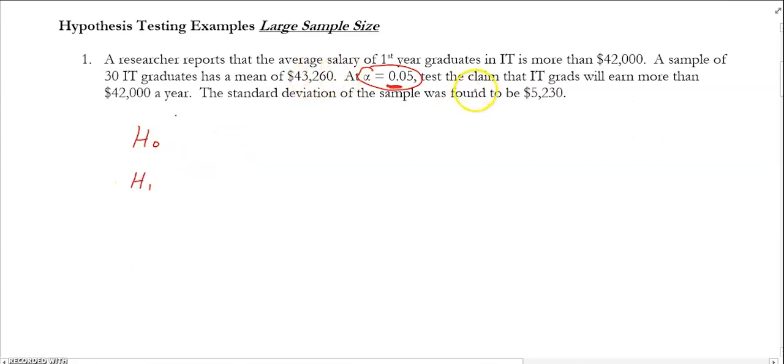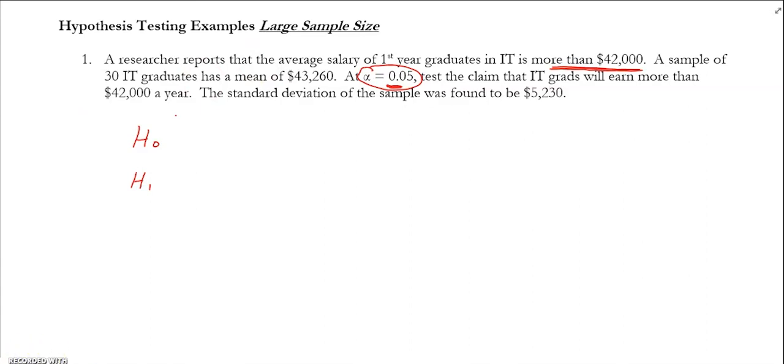Now, it says here that graduates in IT is more than $42,000. So that's the claim, right? The average salary of first-year graduates in IT is more than $42,000. So that means we should use this information to state our hypotheses. Pause the video and see what you come up with.